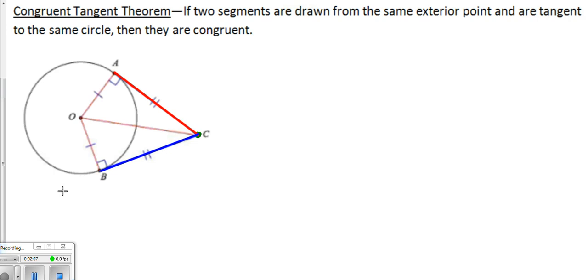And we know that these are both tangent to the circle. They intersect just at the one point, and it makes a right angle right there. Then we know for sure this line has to be just as long as this line every single time. It always has to be true. As long as they're coming from the same exact point, then these two tangents are going to be congruent to each other.